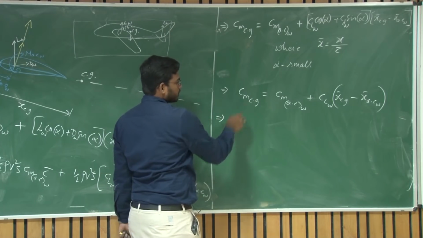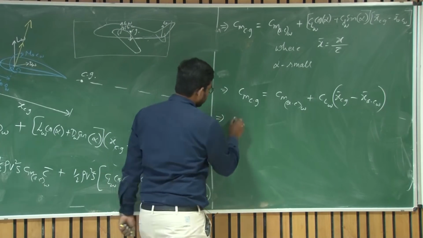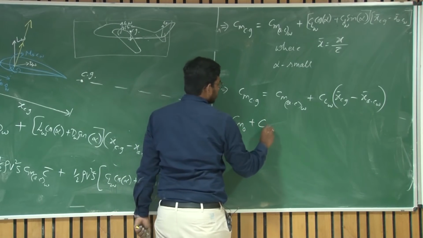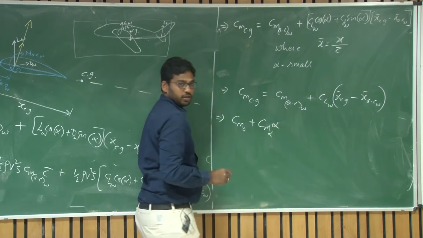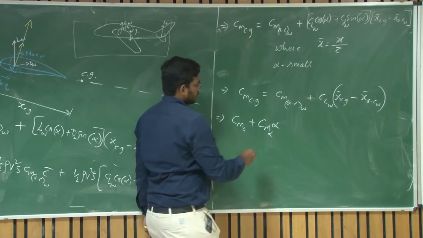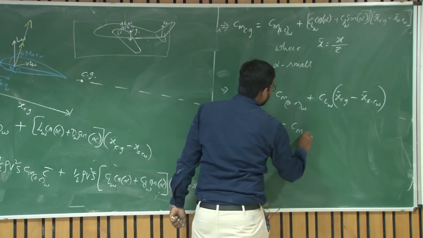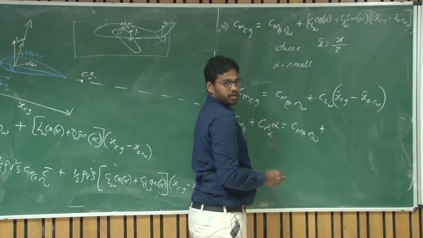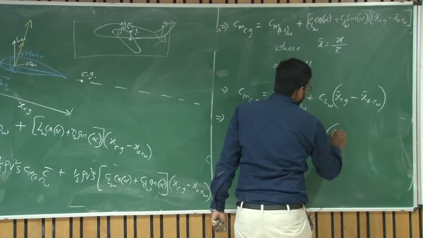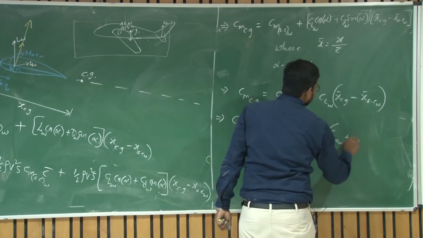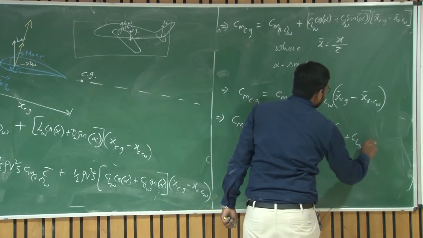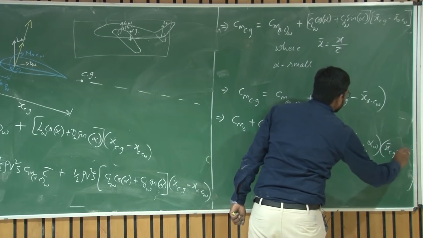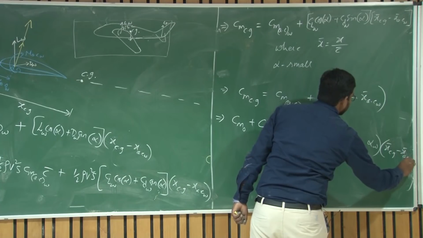So can I express this entire pitching moment of the aircraft as Cm naught about CG plus Cm alpha about CG into alpha? This equals Cm about the aerodynamic center of wing plus CL of wing, which is CL naught of wing plus CL alpha of wing into alpha, into x bar CG minus x bar AC of wing.